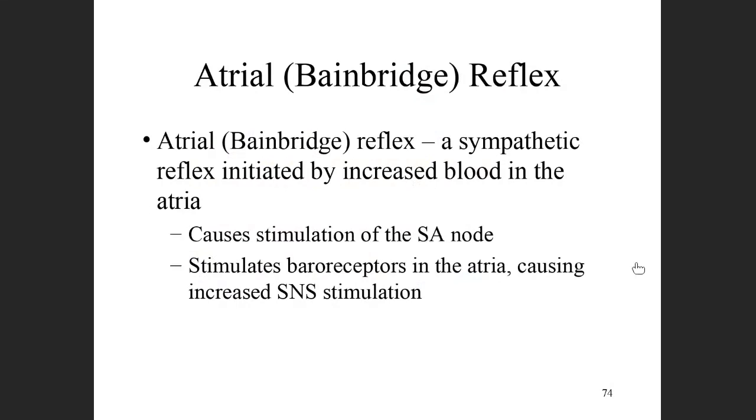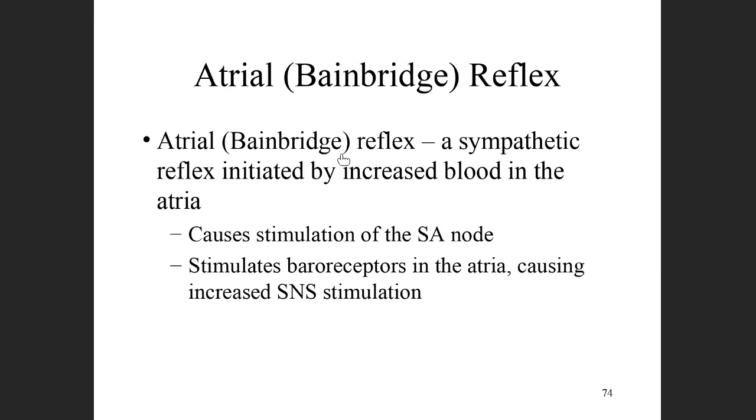And I think I'm pretty much finished. Lastly, the atrial bainbridge reflex is a reflex that is initiated if you have more venous return, right? In fact, it causes the SA node to fire, undergo a rapid depolarization, to increase the heart rate.